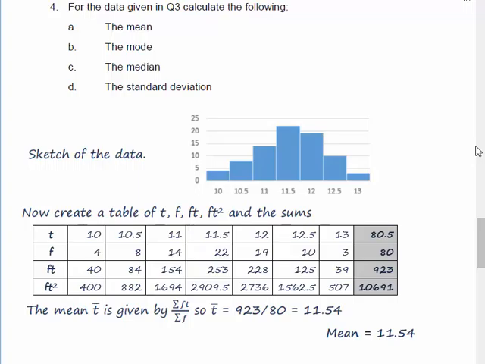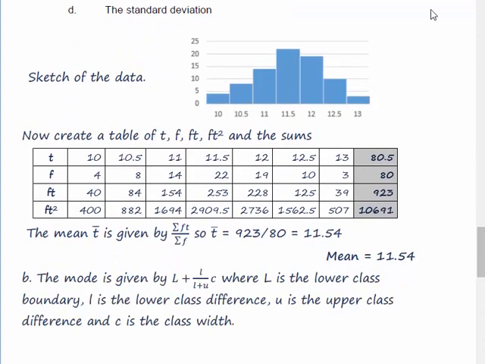So there's our mean. For the mode, we need to use the following equation. L is the value at the lower boundary.